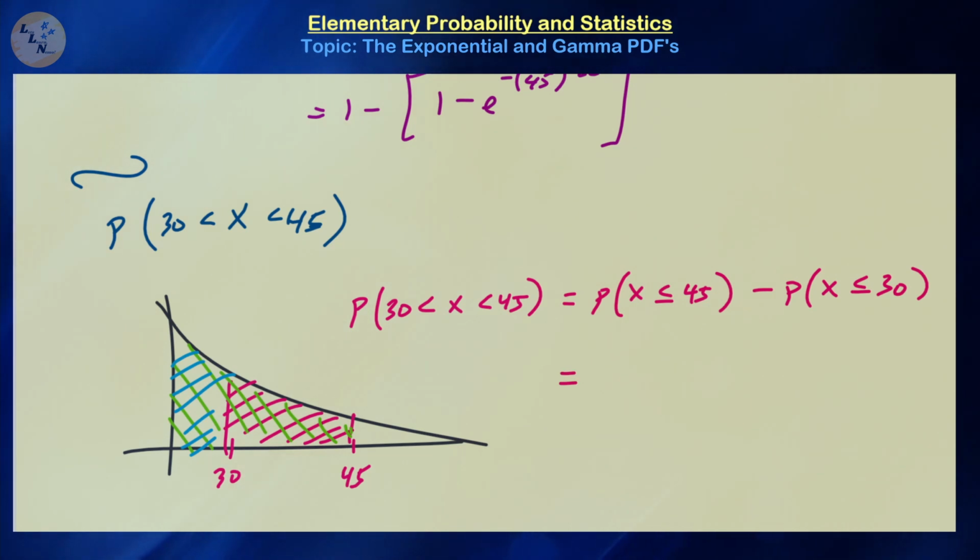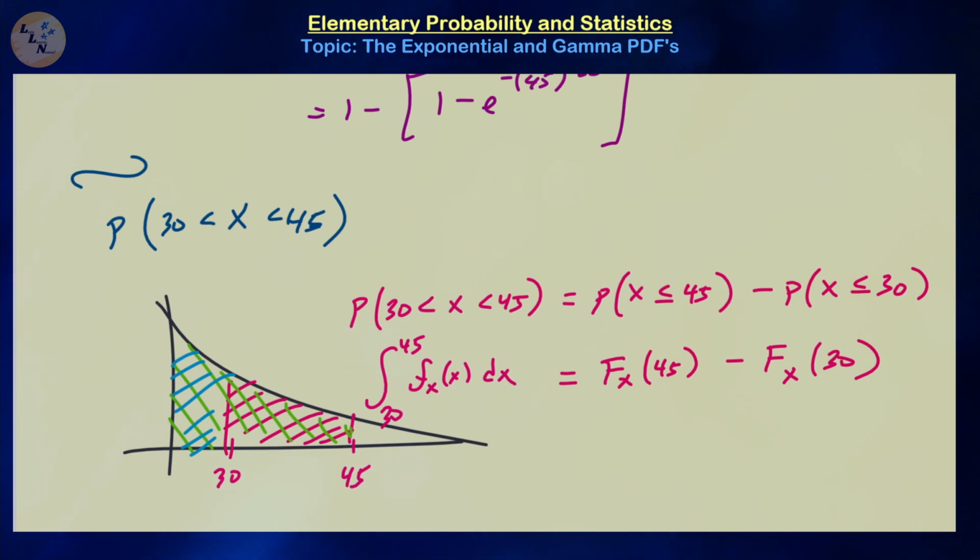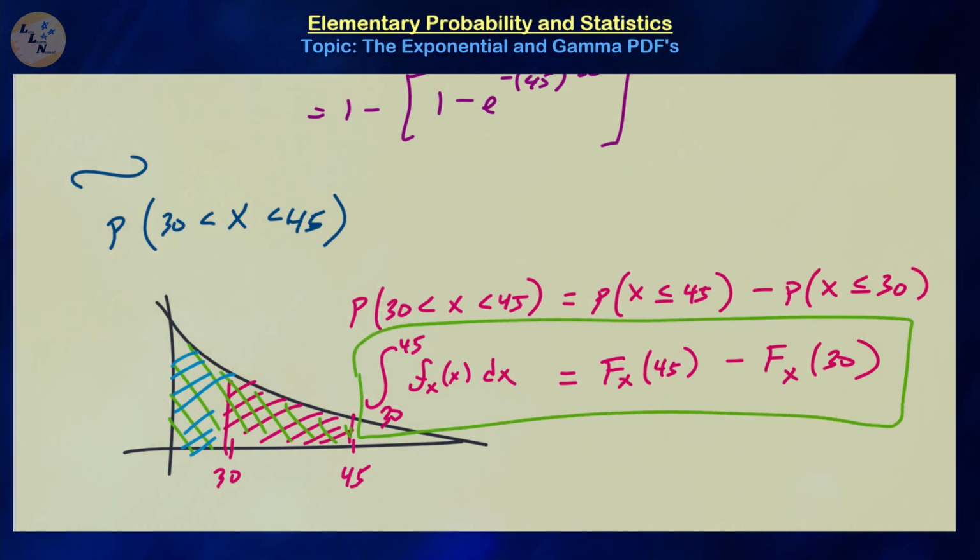So if we use the cumulative density function, that's precisely equal to capital F of 45 minus capital F of 30, right? So that means the integral from 30 to 45 of our original probability density function can equivalently be written in terms of the cumulative density function.